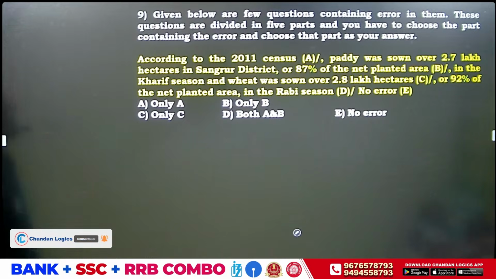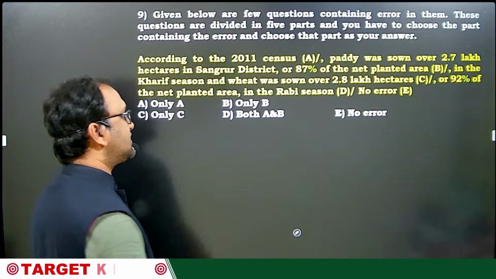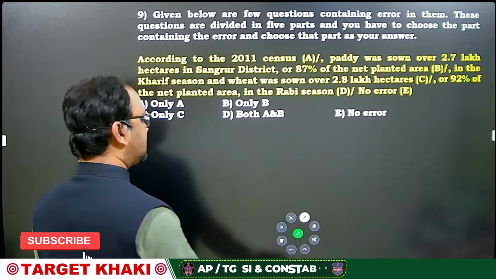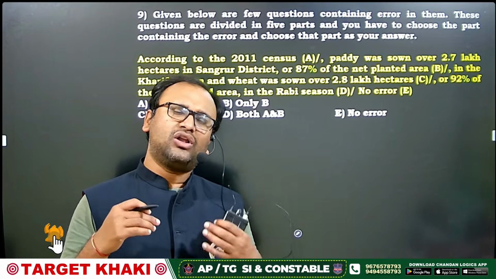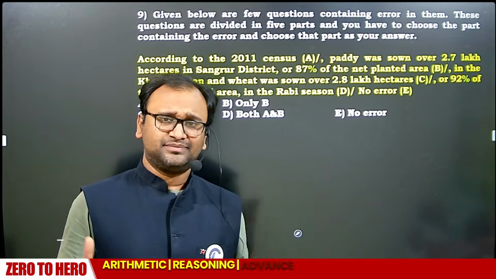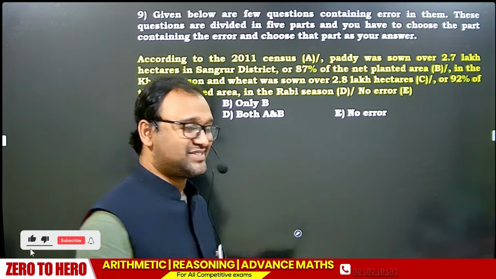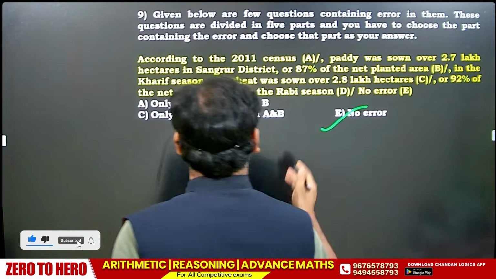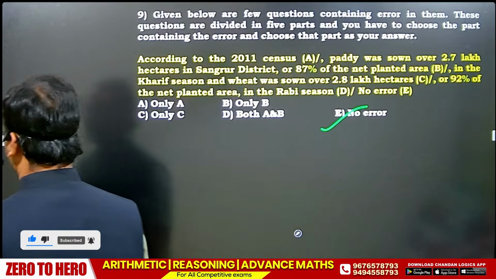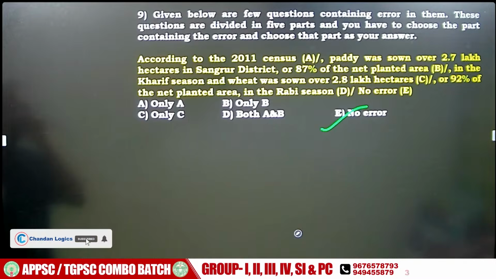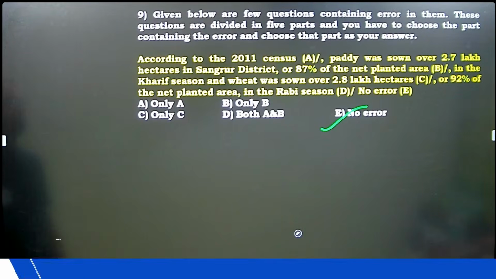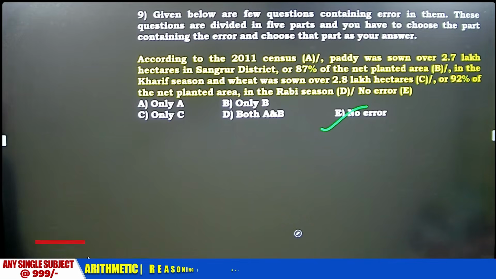In the Rabi season. My goodness, this sentence is easy. This sentence really has all the statistical data. There is no English here, all mathematics. No error. Honestly, there is no chance of having an error. According to the 2011 census, paddy was sown over 2.7 lakh hectares.